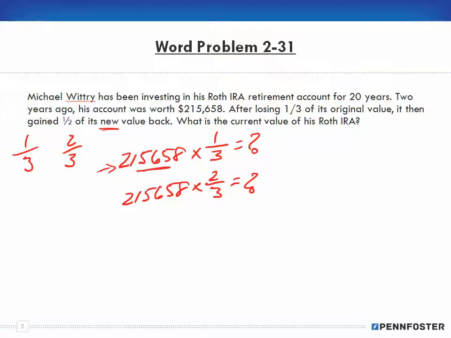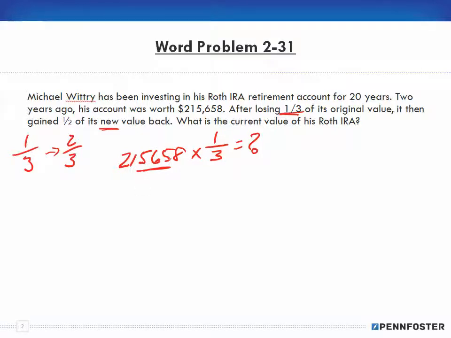But back here, when I was reading the problem, after losing 1/3 of its original value, I subtracted the 1/3 from 3/3, which gave me the 2/3. It's just a different way of doing it, and both ways will arrive at the same exact answer. It's just a matter of big or small numbers. So let's treat it from this perspective.